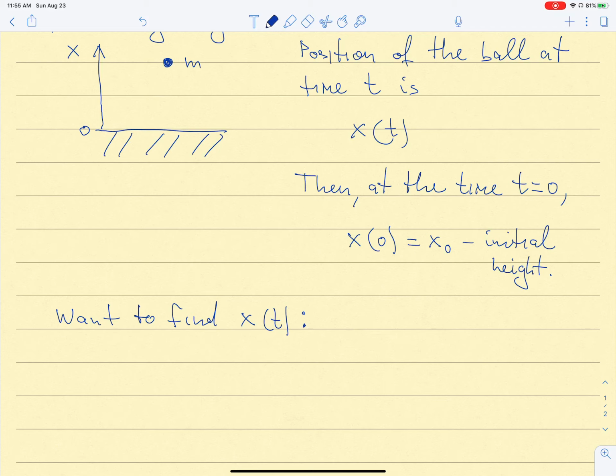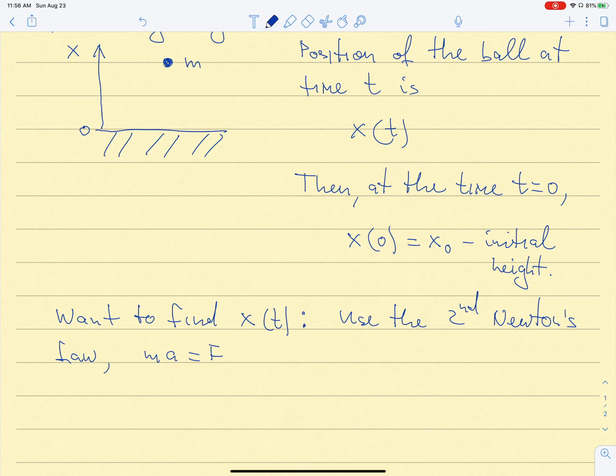So if I want to solve the mechanical problem when the body is moving subject to some external forces, then you might recall that the forces always satisfy the second Newton's law, which says that mass times acceleration is equal to the force.